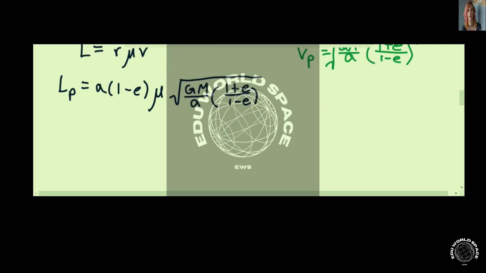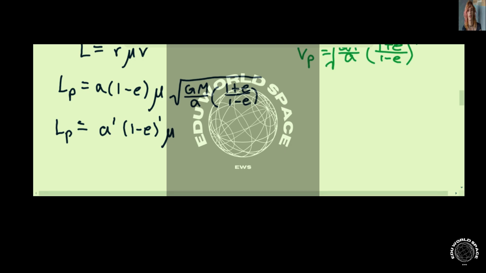The next step of the algebra involves moving things into the radical, which personally I find it easier to see how that algebra works if I use exponents instead of radicals. So I have a to the power of 1, which is the same as a to the power of 2 over 2, for example, times 1 minus e to the power of 1 times mu. That one we don't really have to worry about.